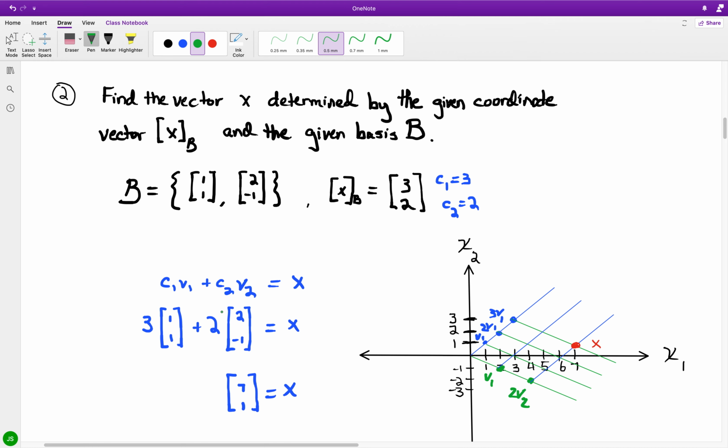So I have 3 times V of 1 and 2 times V of 2, just forming a parallelogram. And looking at where we have the intersection, this is where x marks the spot, and again we have 7 and 1.